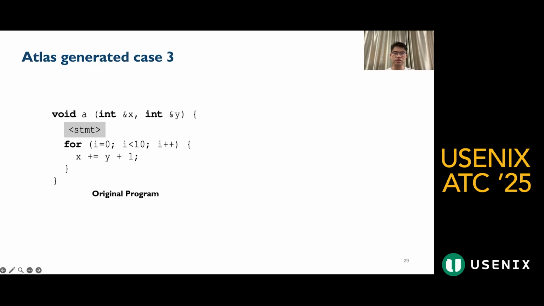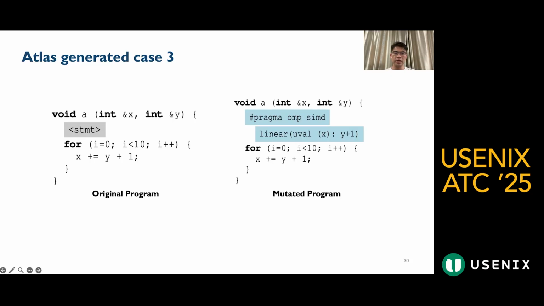After obtaining the location information for the for loop, Atlas marks all positions in the program where for loop attributes can be inserted. These are shown as gray in the code. The right side of the slide shows the code after insertion, with the newly added statement attribute highlighted in blue.